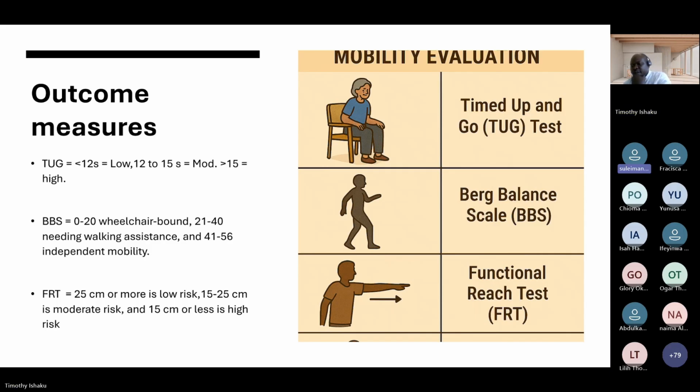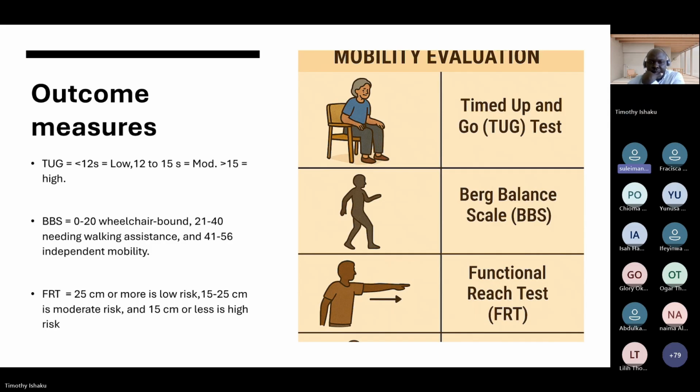And a score of 4 means he performs it independently and safely. So the maximum total score is usually 56. And the interpretation is that a person scoring 56 has excellent balance.